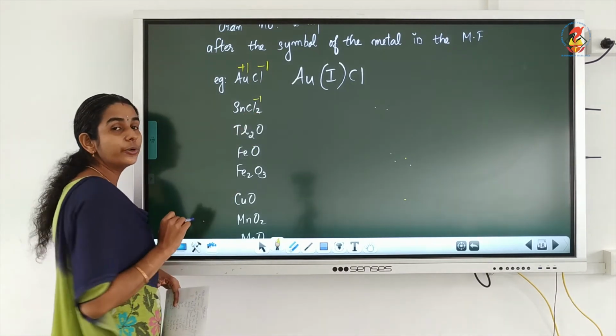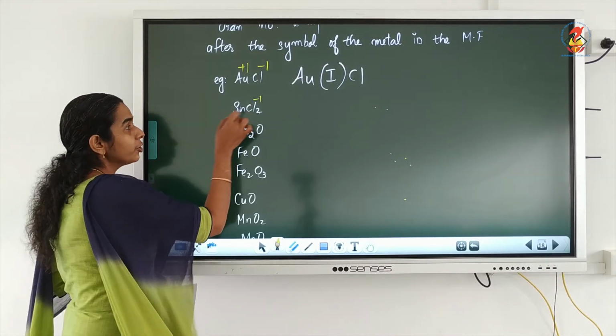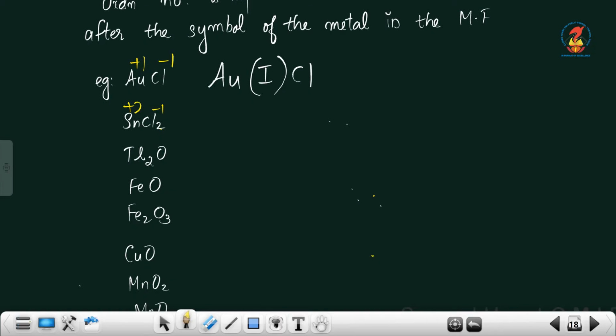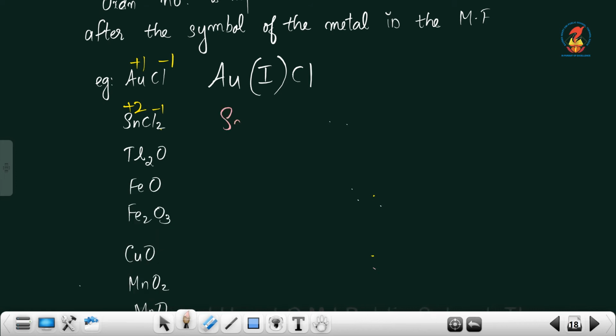So chlorine is minus 1, minus 1 into 2, minus 2. Sum should be equal to 0, that means tin will be plus 2 because there is only one tin present. So how can we write the formula in stock notation? Tin is the metal present here, write the oxidation number as Roman numeral, that is Sn(II)Cl2. That is the stock notation.